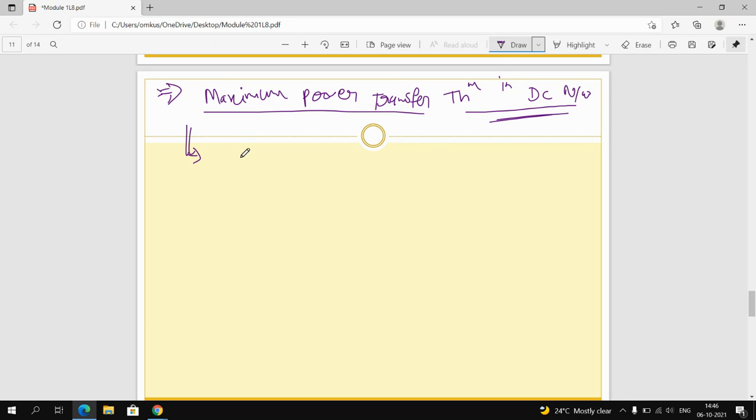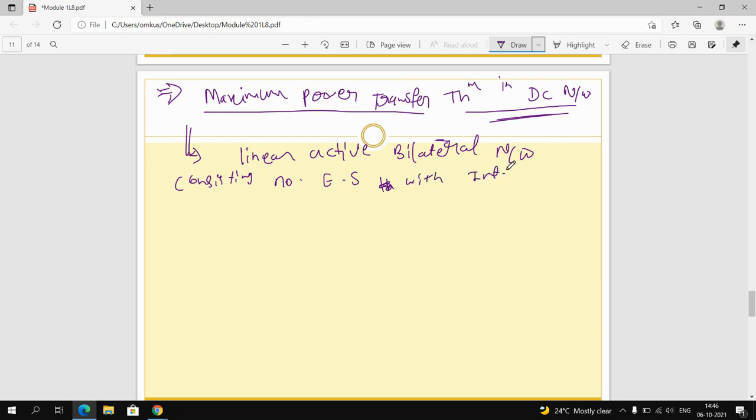See, this theorem is valid for any linear active bilateral network consisting of a number of energy sources with their internal resistance, driving an external load.